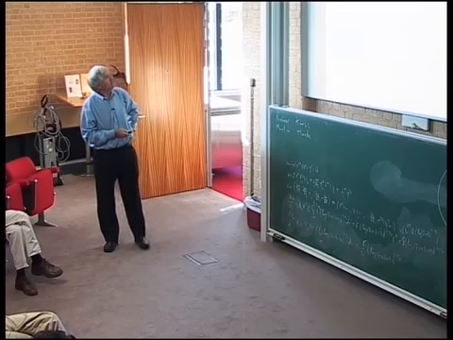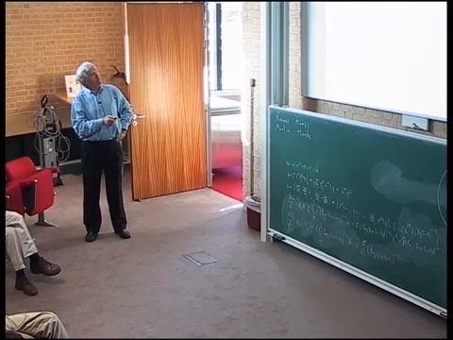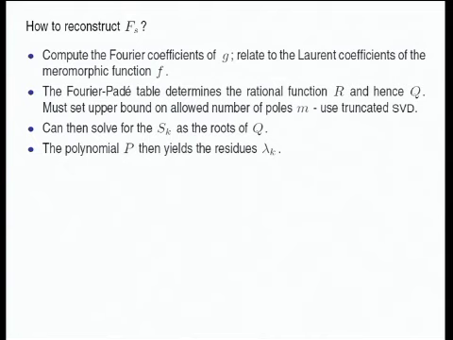Okay. So, several stages. I get the Fourier coefficients in my data G. Then I use the Fourier Padé table to get the rational function R and Q. I've got to set some bounds in the number of poles. This problem is itself ill-conditioned. Right? You're pulling down into the interior.